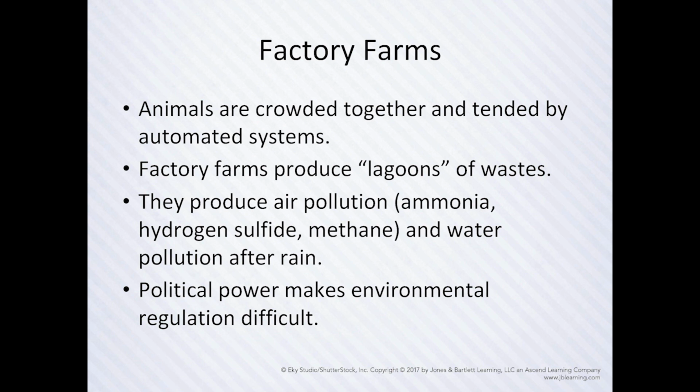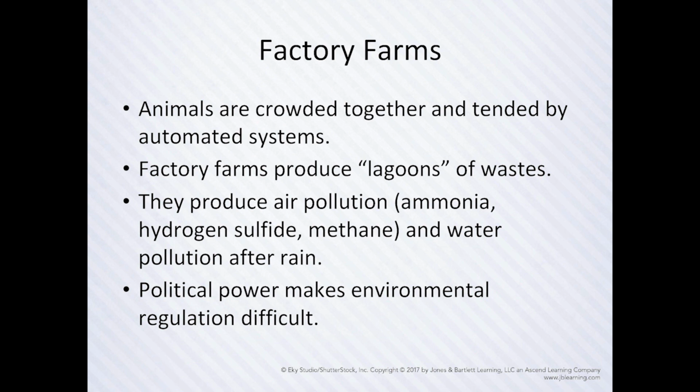Another issue we're seeing now in the environment is called factory farms, or CAFOs, where we have crowding of animals produced to try and produce food, and they produce tons of wastes. Some of these wastes contain things like ammonia, hydrogen sulfide, methane.